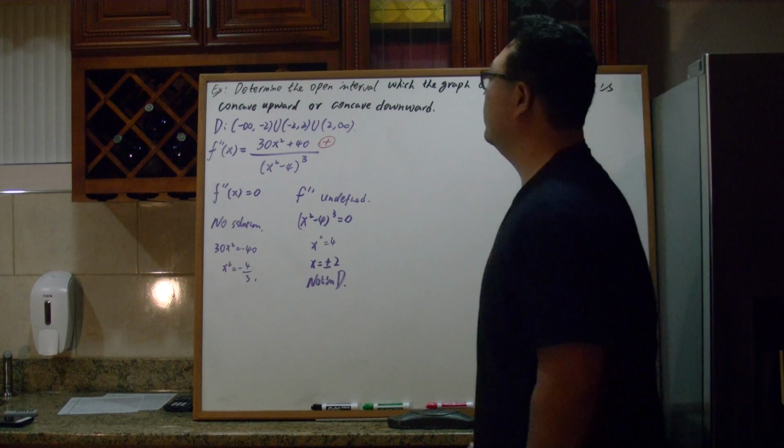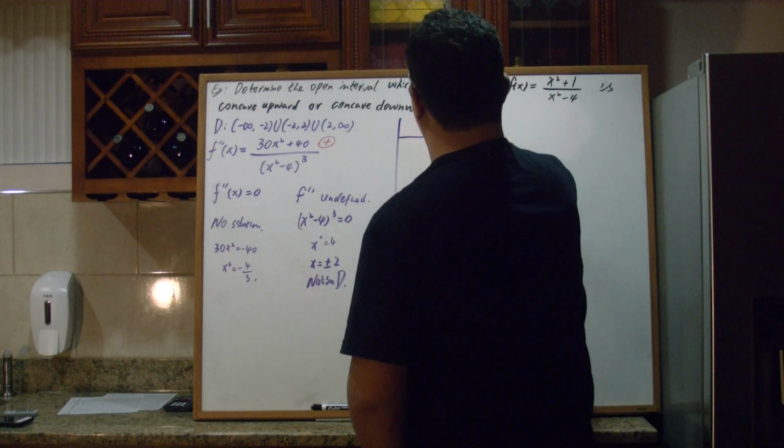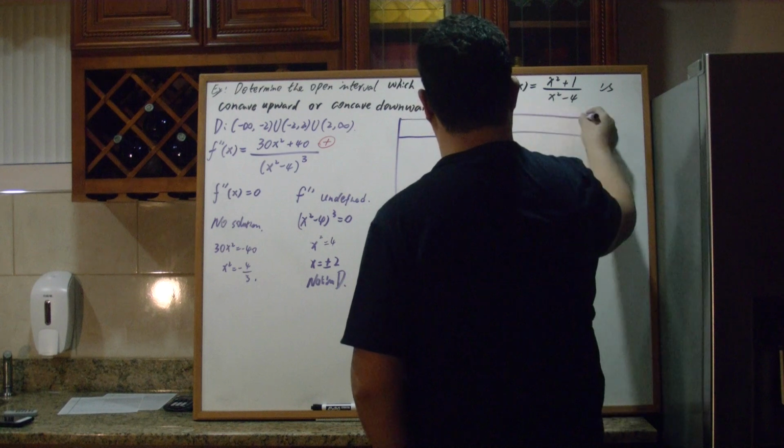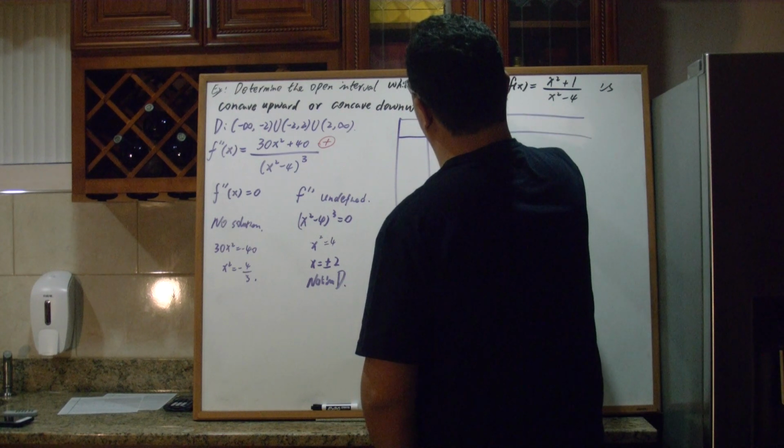So for concave up and concave down intervals, we only have them naturally separated by the vertical asymptotes. That is 3 parts.